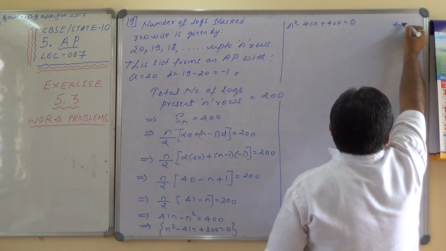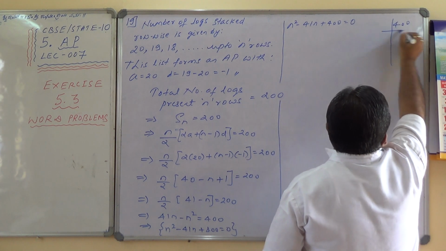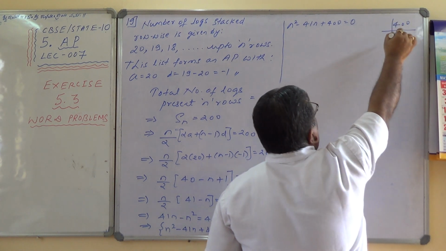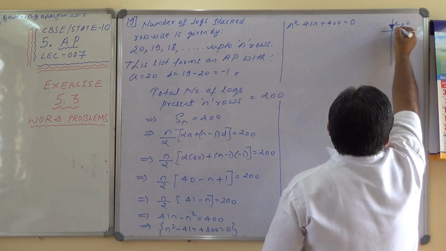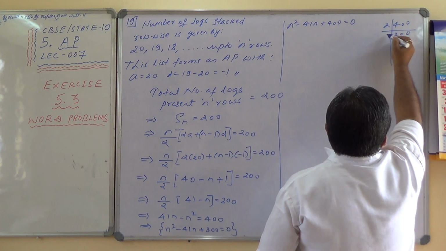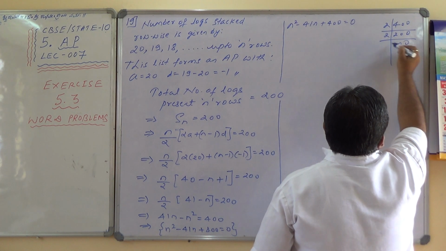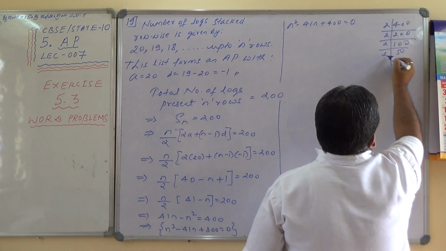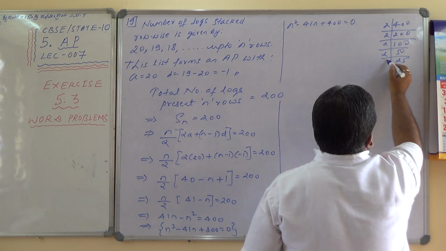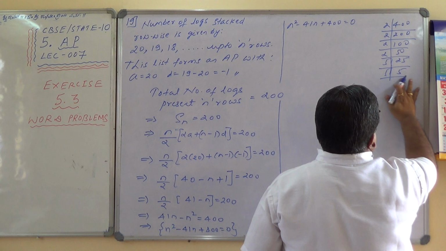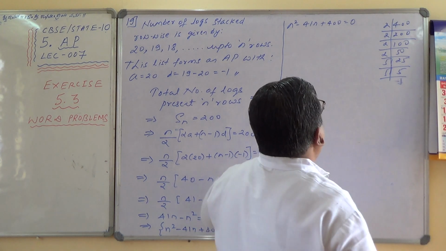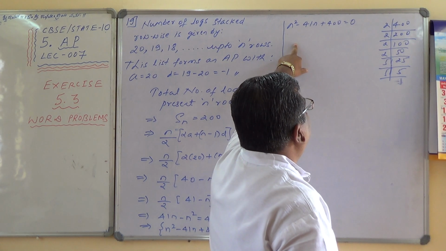Let me give it a minute, and if not possible to split, then I'll proceed with the quadratic formula. I require 41 here, minus 41.